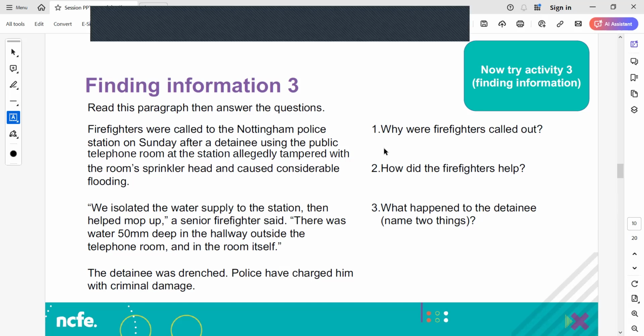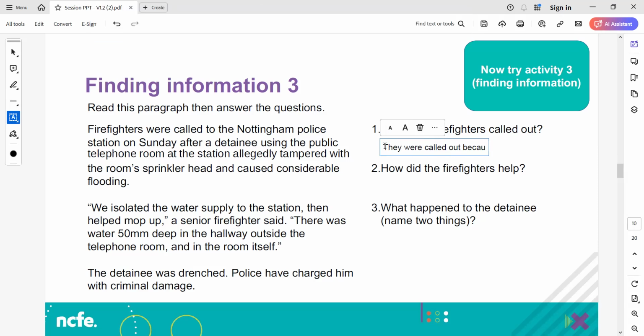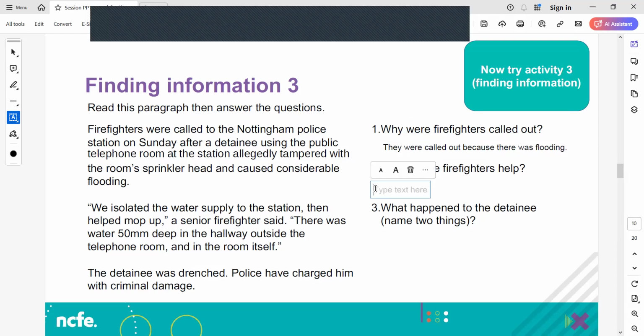So why were the firefighters called out? What had happened? Because there was considerable flooding. Yeah, they were called out because there was flooding. Okay, how did the firefighters help? What did they do?